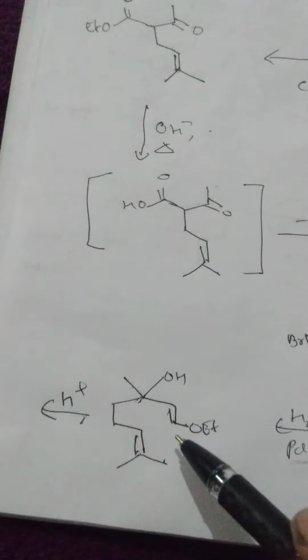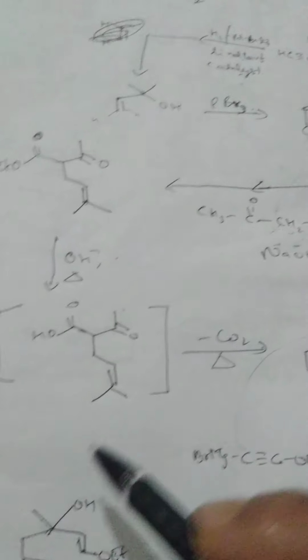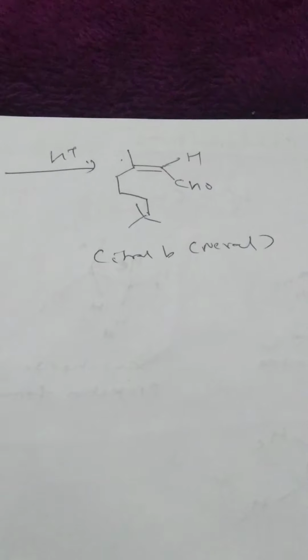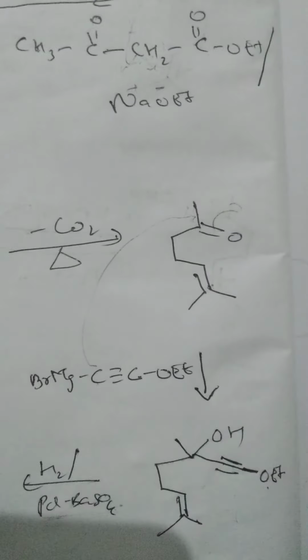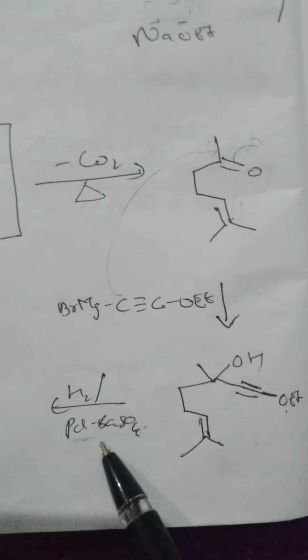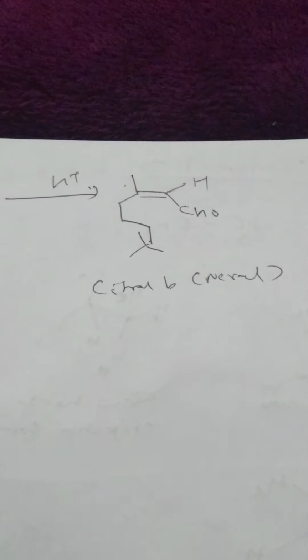Anyway, you get this molecule, and when you hydrolyze it, you get this Citral B, Neral. So this is how they synthesized it. We need not know both of them, but it will be simple actually. Here, if they had done Birch reduction, you would have got geraniol. But if they are using Lindlar's catalyst, what you get is Neral. Okay, thank you.